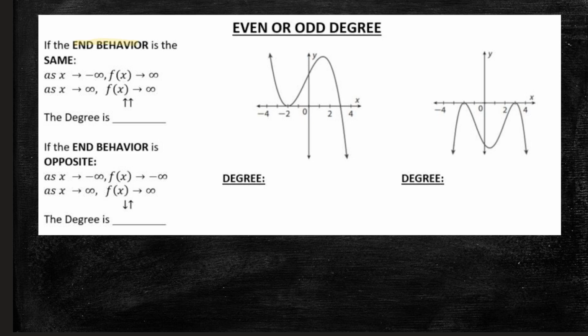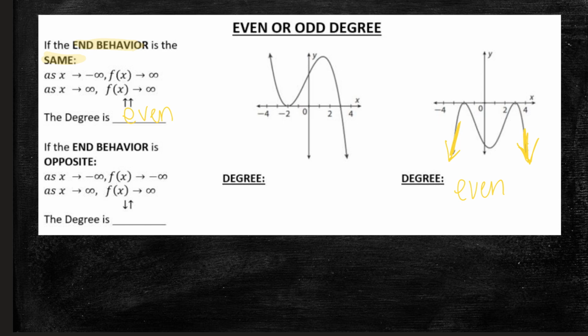So if the end behavior is the same, the degree is even. So that means it's either both going up or both going down on the ends. So this would be considered an even degree because both ends are going down, and so this would be an even degree function.